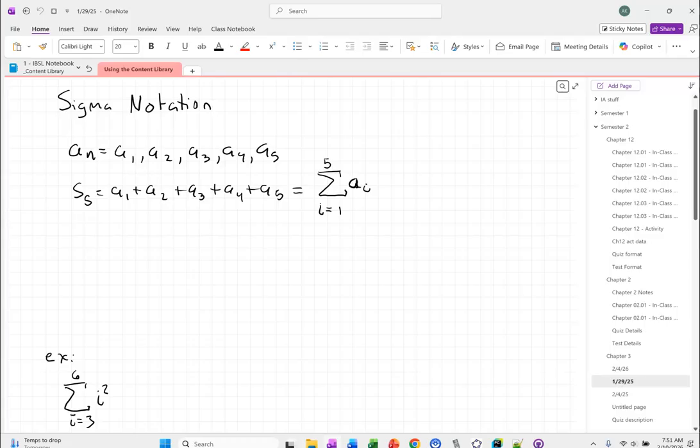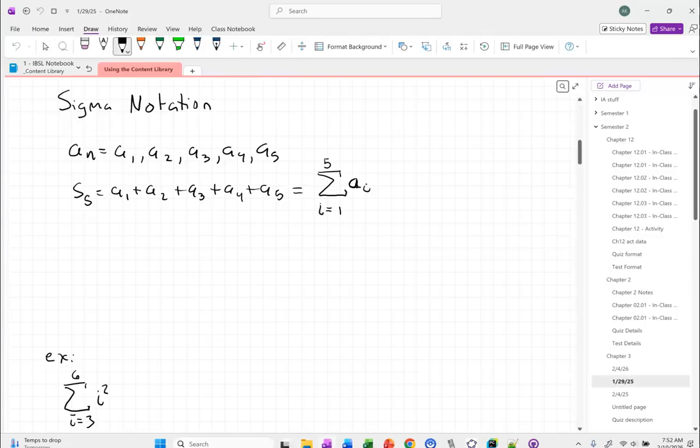At the bottom, we declare an index variable, so that's the letter i. And then the start of my sum is using the first term, and I'll add up until the 5th term. That's the end, that's my upper bound. And the things I'm adding up are the sequence a sub i's. So I'm adding a1 plus a2 plus a3 plus a4 plus a5. That's the terms of the sequence from 1 to 5.